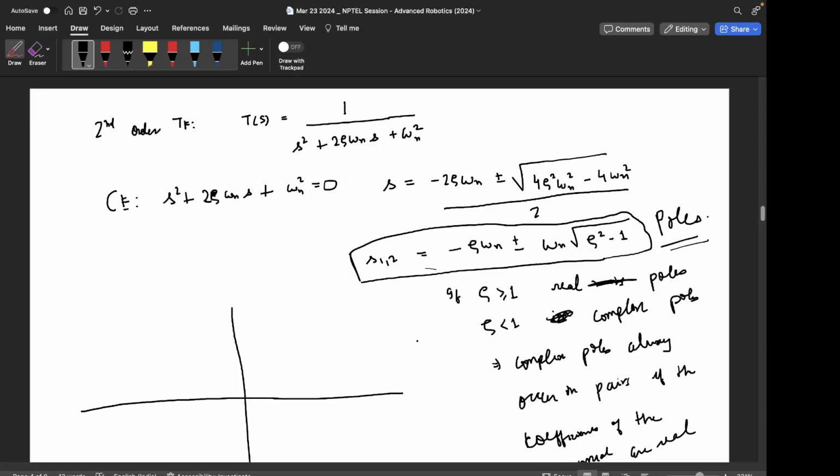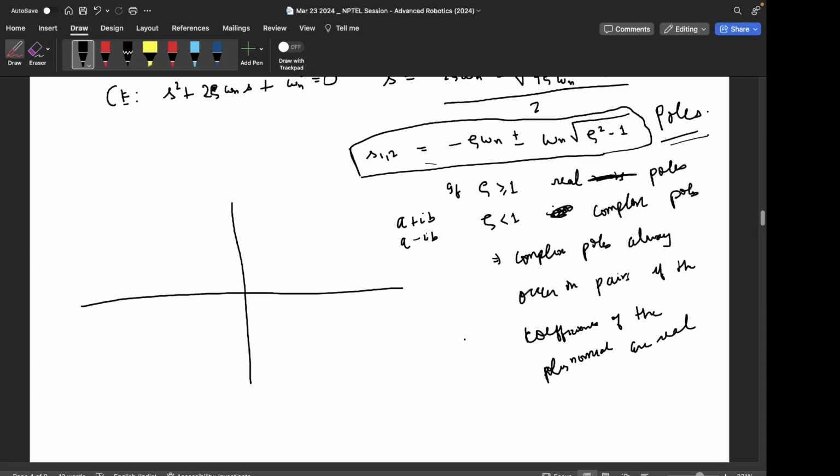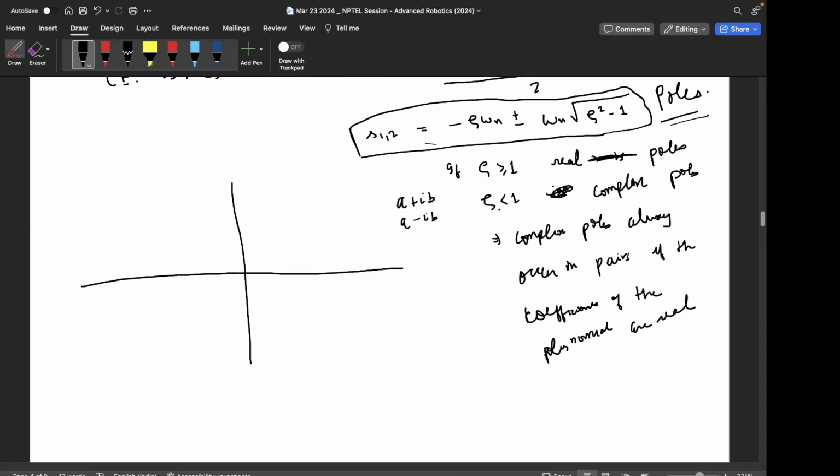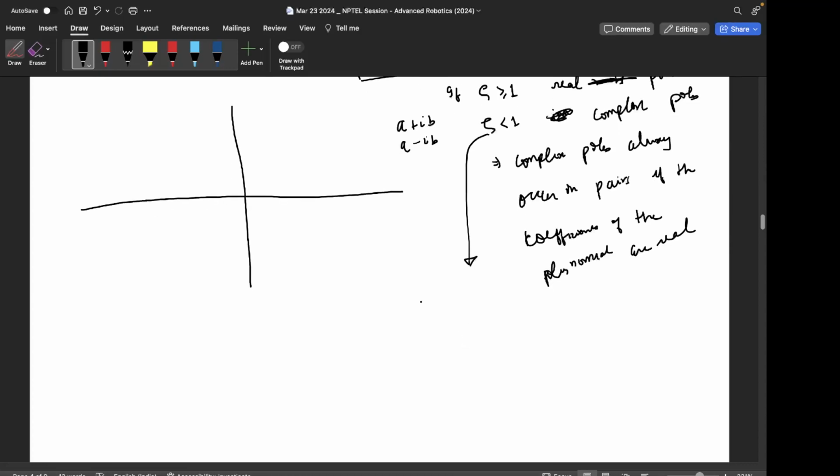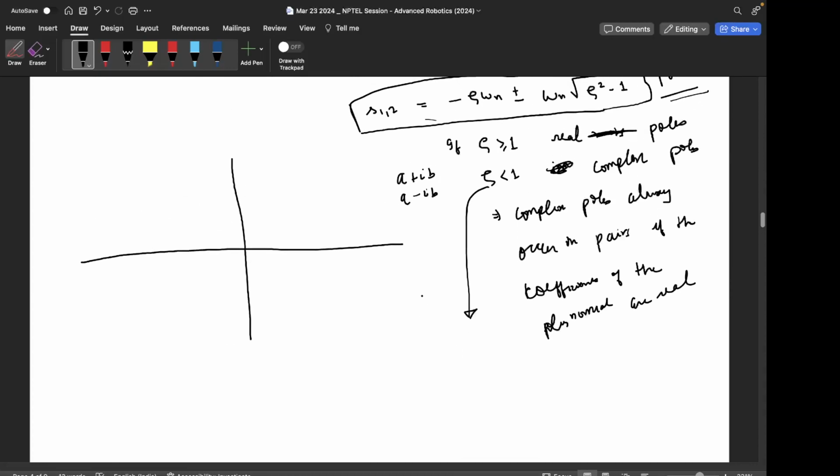That is, they will always be of the form a plus ib, and there will also be a conjugate a minus ib. Complex roots cannot occur in isolation as long as we restrict the coefficients of the polynomial to real numbers.